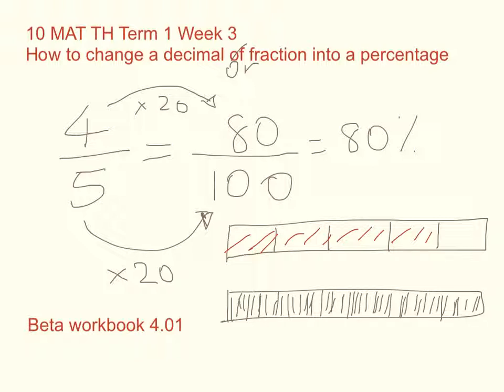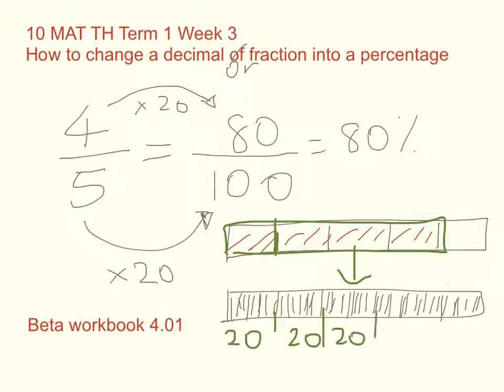What we're asking is how many of those tiny pieces does that 4/5 correspond to? So each one of these pieces has got 20 in it. So if we've got 4 of them, that's 80. So that's one way to go. Now I'm going to show you how to do them using the calculator on the next slide.